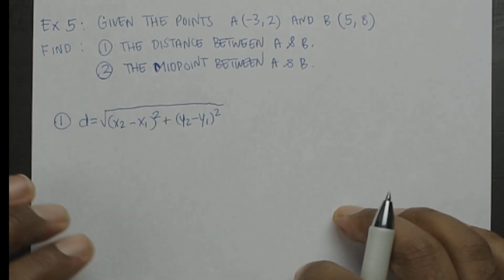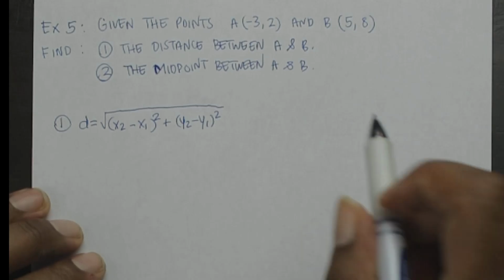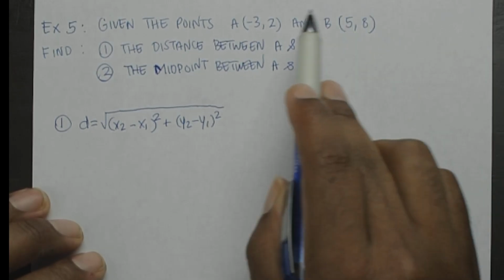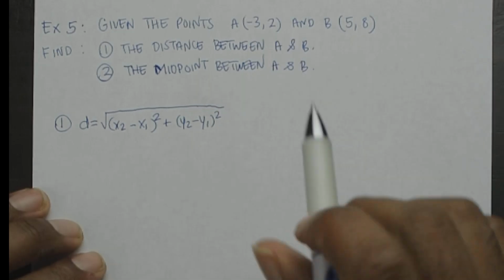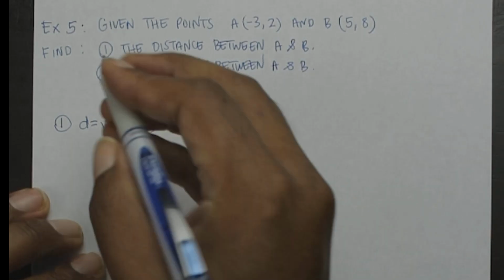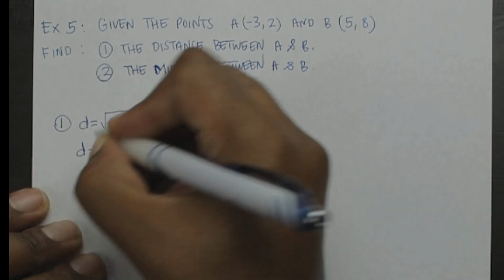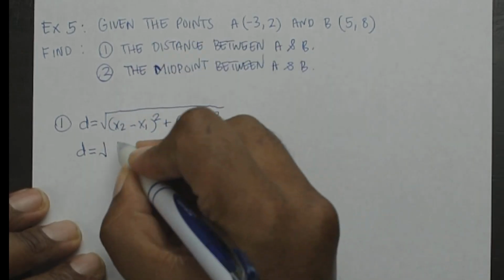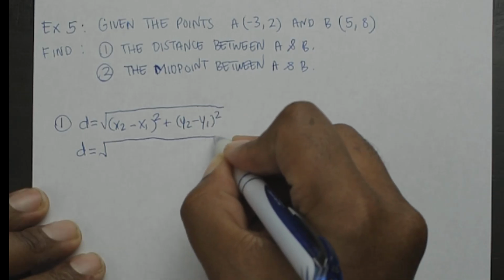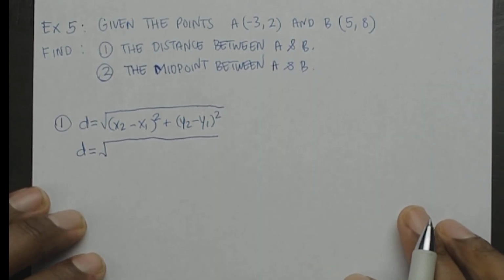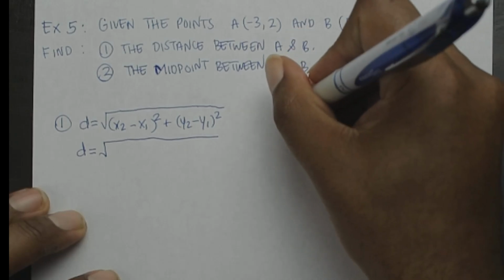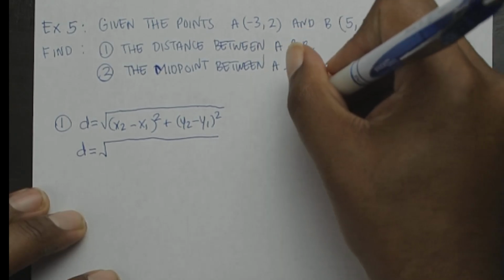And we're going to substitute the values that we have. So the values are 5 and 8 and -3 and 2. Substituting the values here, and again, it doesn't matter which one you use or how you use it. But I'm going to write these over here for your personal reference.